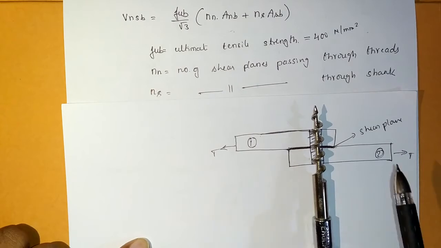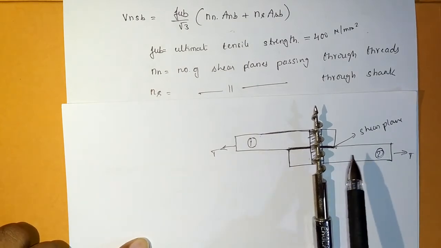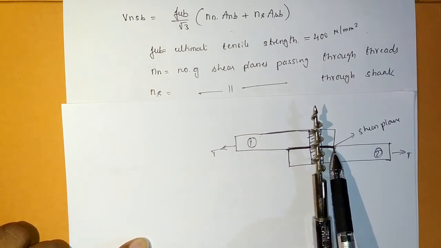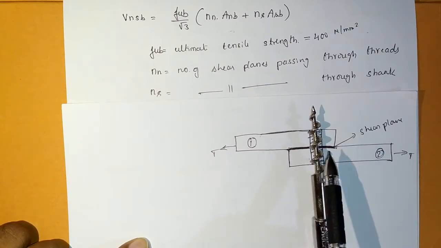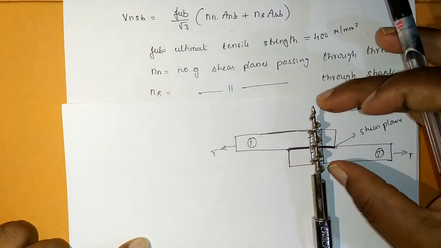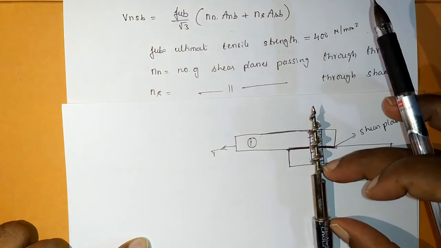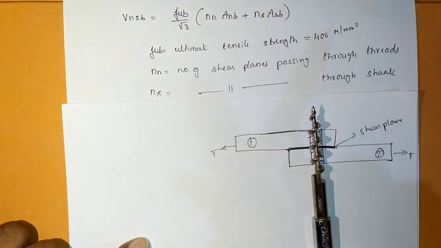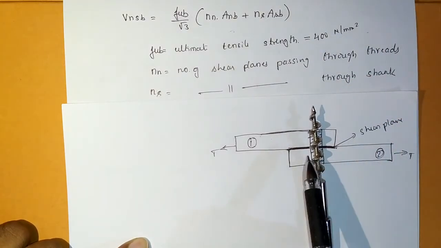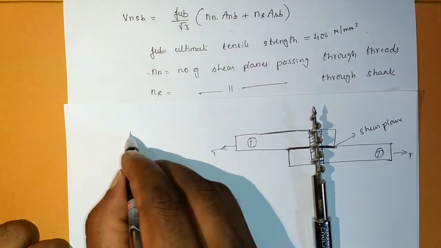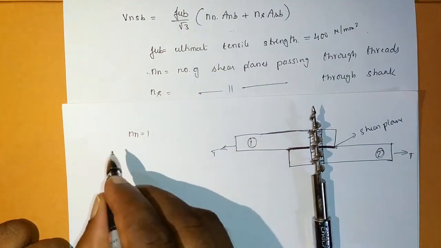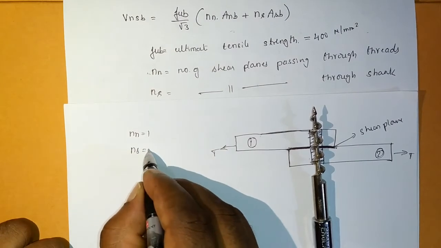Suppose this is the shear plane. If the shear plane is passing through the threaded part, this is called the threaded part and this is called the unthreaded part or shank, then we have to choose the formula with NN equal to 1 and NS equal to 0.